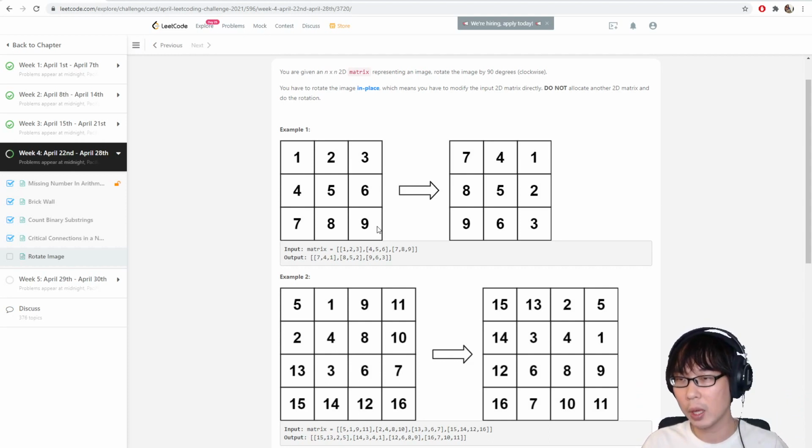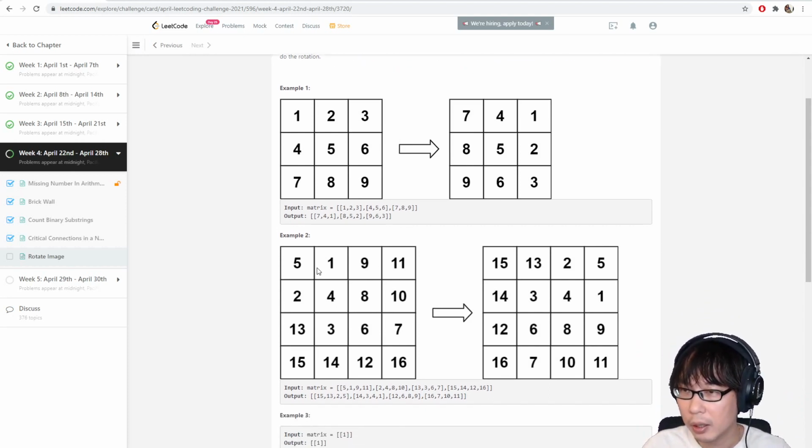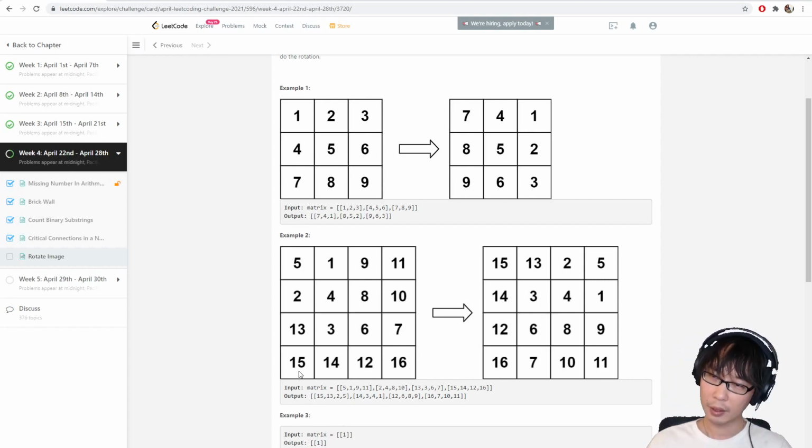So what about the inside? This becomes this, and this becomes this. By rotating 90 degrees, the index 0,0 becomes the index 0,n. So the 0,n becomes that, and that becomes that.